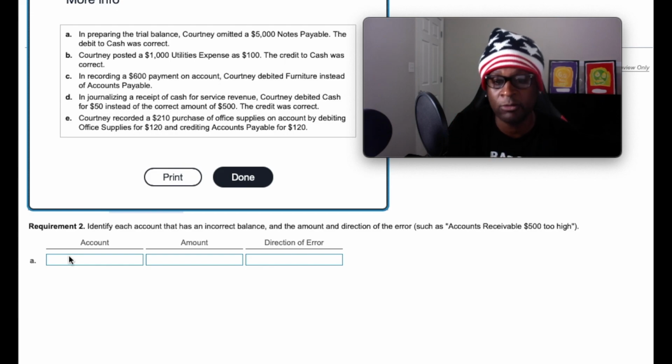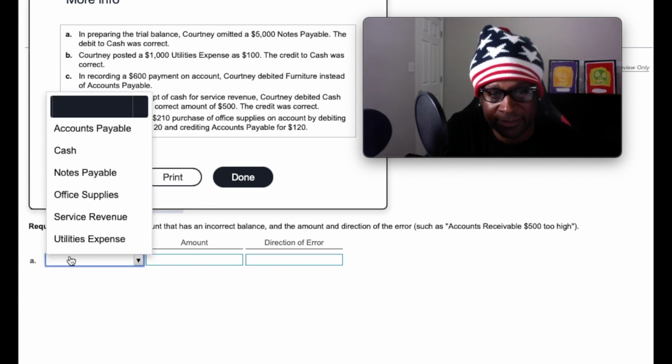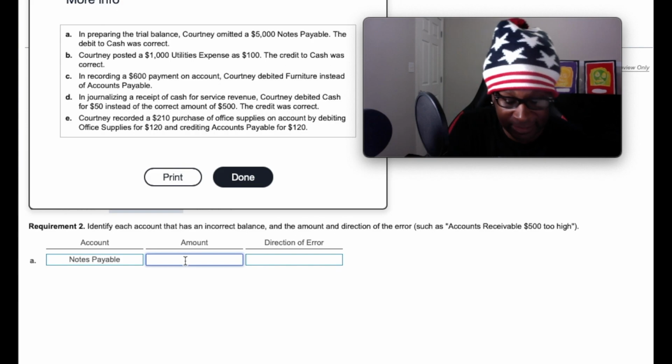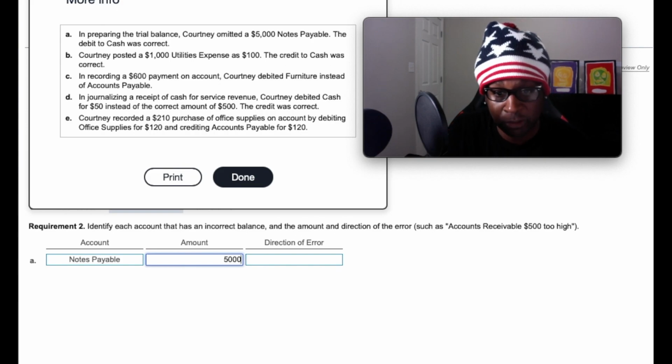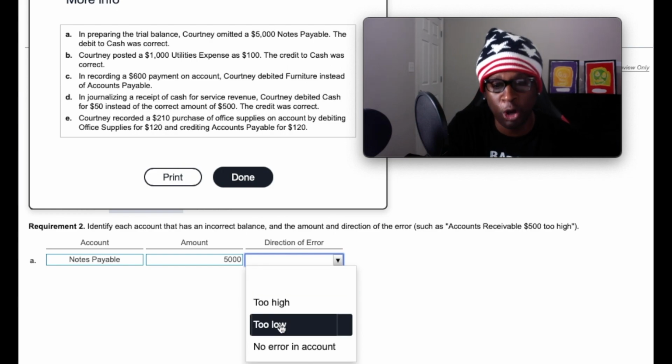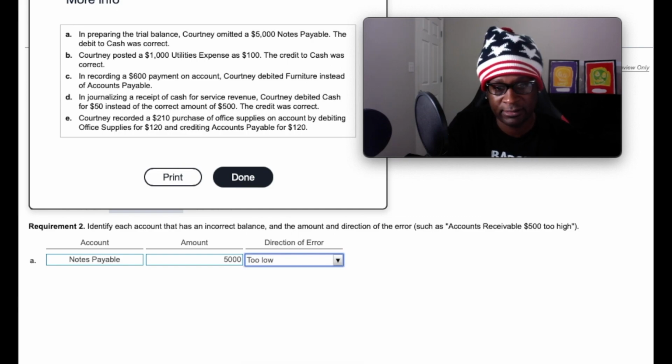So what account had the incorrect balance? Obviously our notes payable. And the amount was $5,000 because she forgot to record it. And the direction of the error? Well, if she forgot to record her notes payable and she was supposed to be crediting it, then that means her notes payable right now is too low. Check the answer. Excellent.